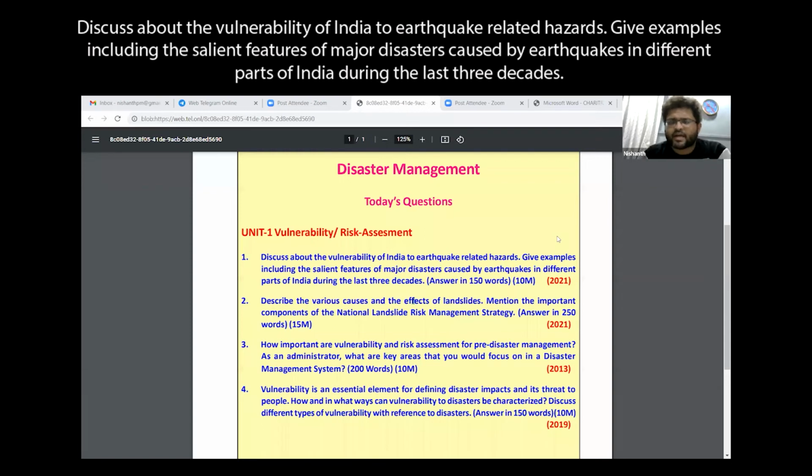All these are important aspects of reducing the impact of earthquakes. So that is the first question. Clear? Yes, sir.